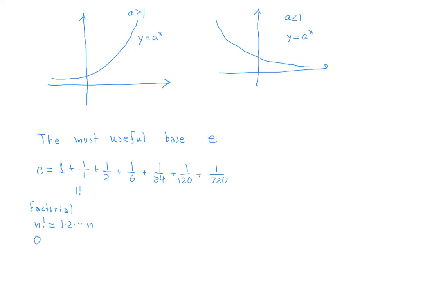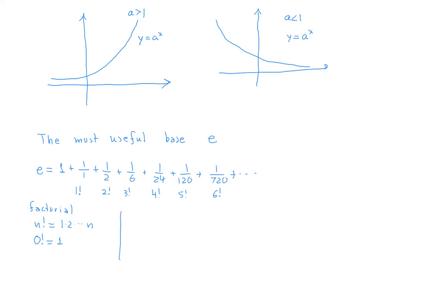And we also define 0 factorial to be equal to 1. So this is the same thing as 1 factorial, 2 factorial is 2, 3 factorial is 1 times 2 times 3, which is 6. 4 factorial is 1 times 2 times 3 times 4, which is 24. And this is 5 factorial, and this is 6 factorial. And this is pretty much the number e, and it keeps going. It doesn't stop. This sum is, as we say, an infinite sum.